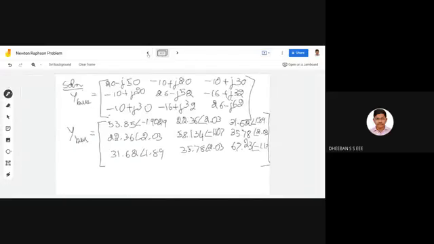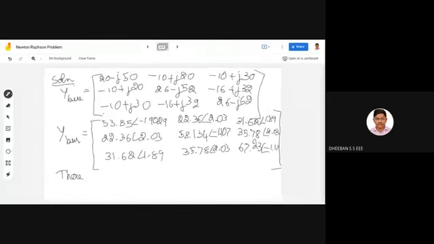So if you want to just write this, I'll be giving some time. There are two buses or nodes, bus 2 and bus 3.